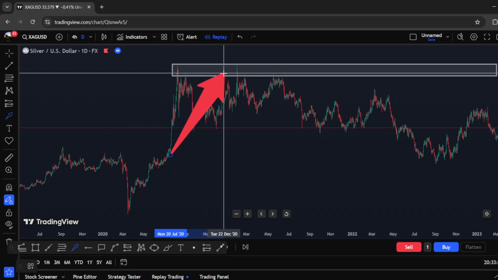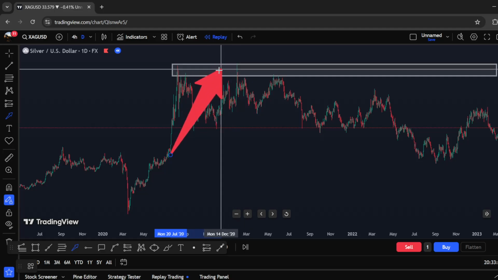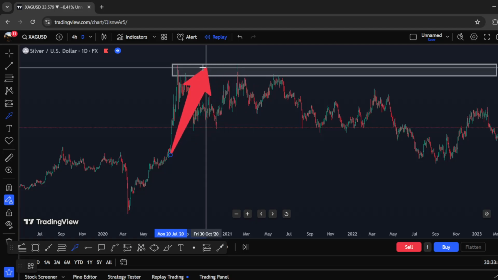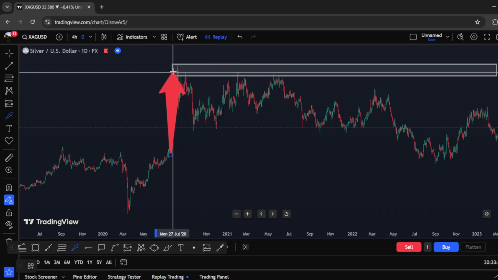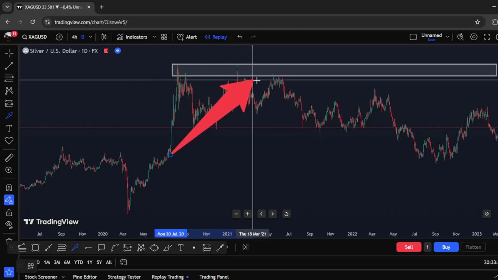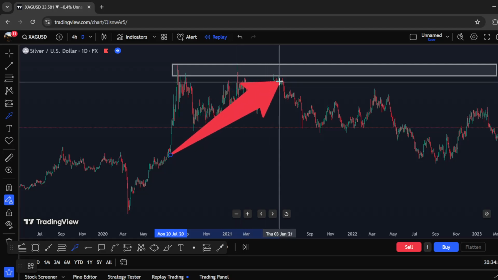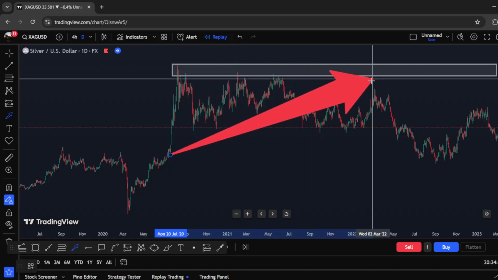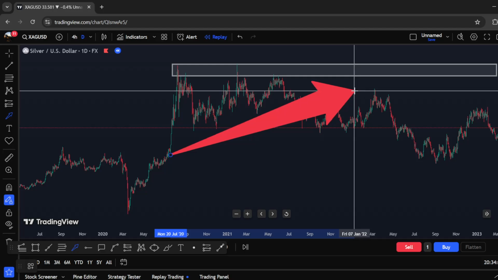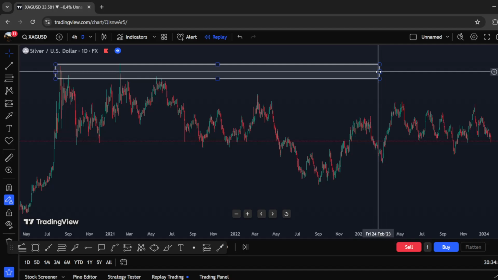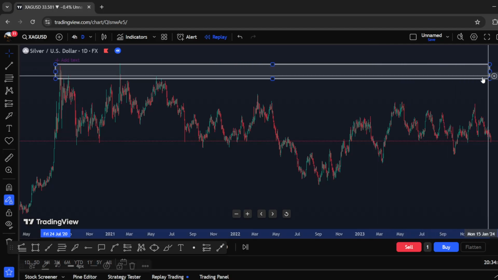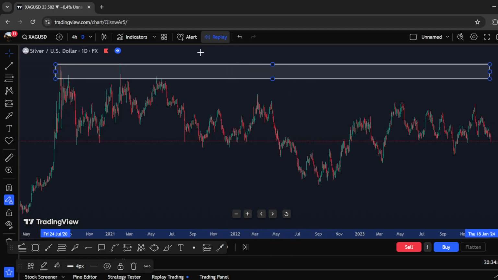Once you've identified this first step, you plot your levels. As you can see, I did not plot one horizontal line. I used this box to make sure that I touch all the levels. So that's the first thing I do. That's done, and then I will extend that to the right, and then I will use the replay button to play.